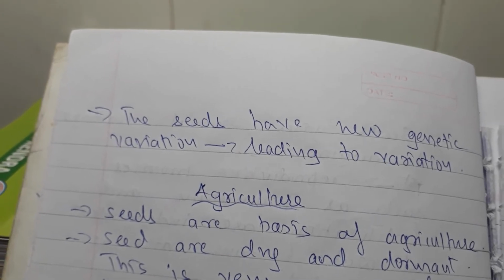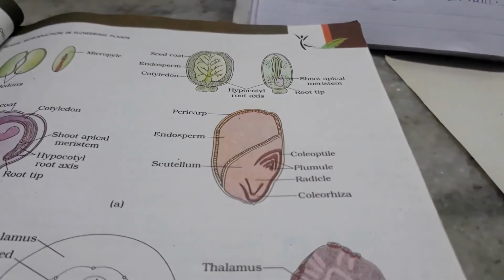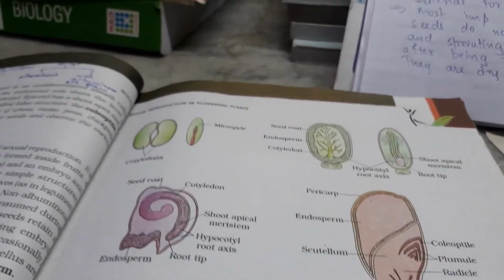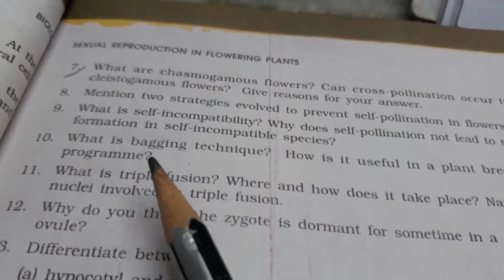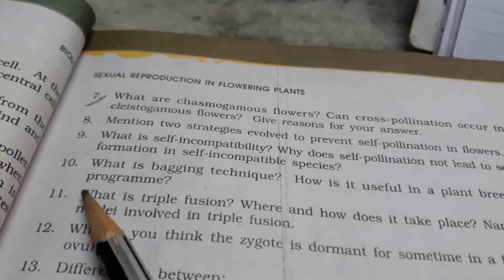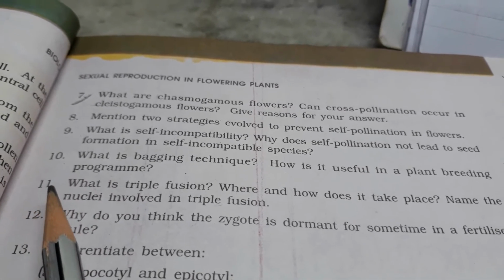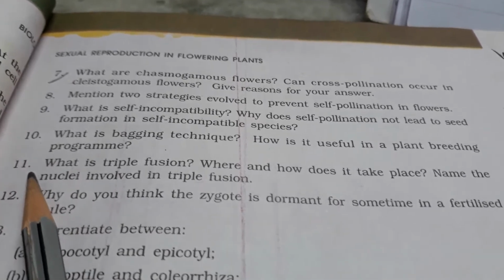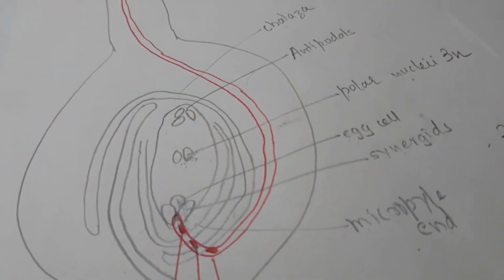So here we have done up to the development of the seed, and looking at the questions, you can do them at the back. I hope you are doing them simultaneously as we are going ahead with this. From today's topic, you should be able to do the 11th, that is triple fusion, which we have covered today from this diagram.